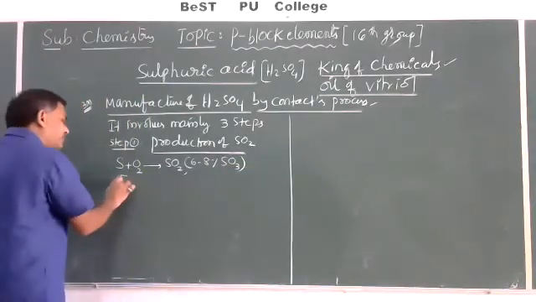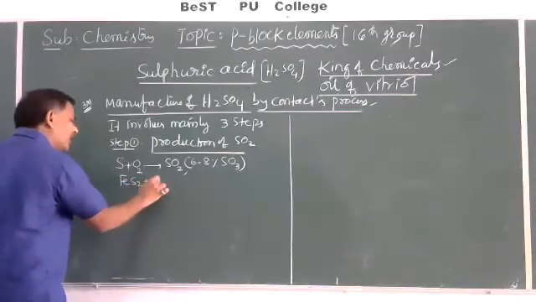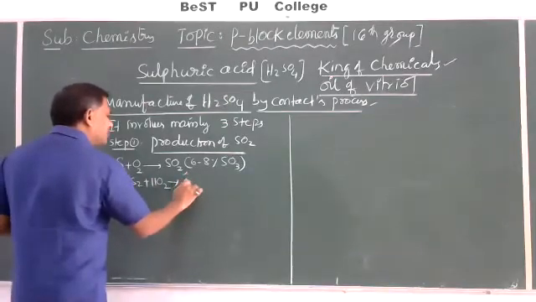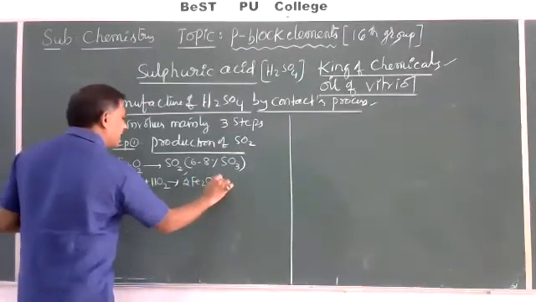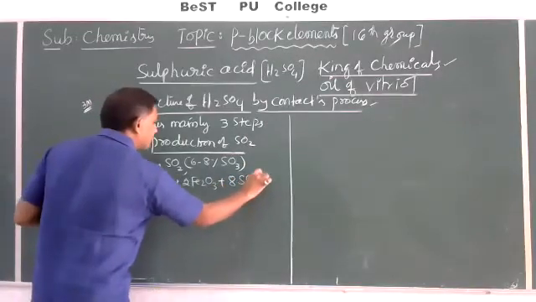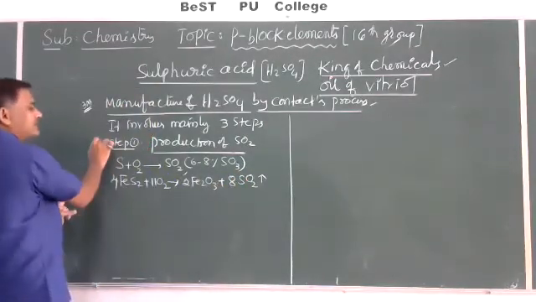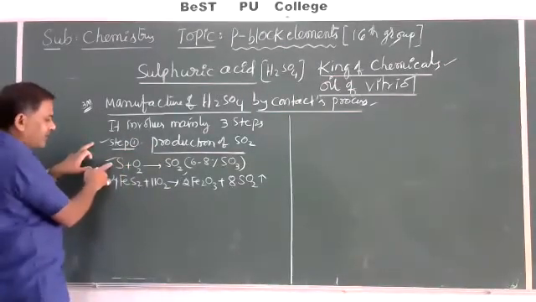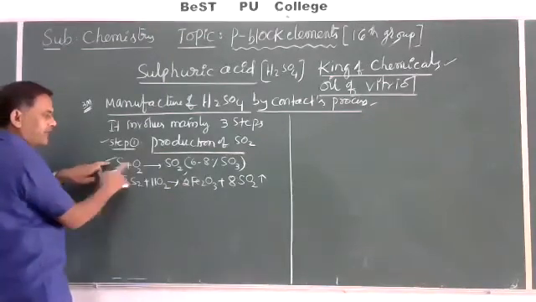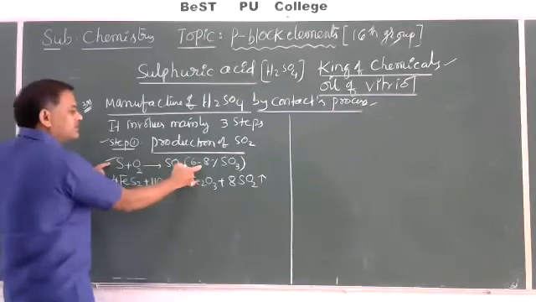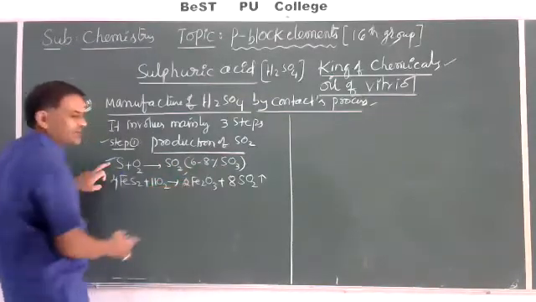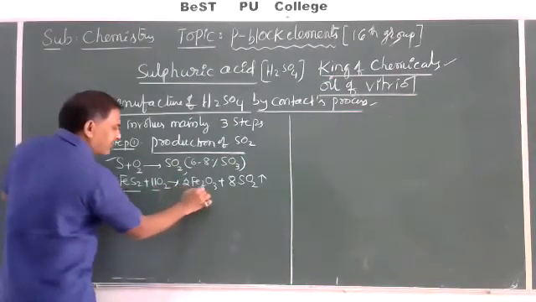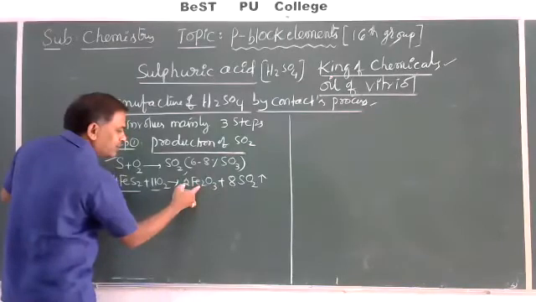Or here the iron pyrite FeS2 with 11 moles of oxygen gives 2 Fe2O3 plus 8 SO2, sulfur dioxide gas. So in the first step, production of sulfur dioxide, on complete burning of sulfur it gives sulfur dioxide, along with 6 to 8% sulfur trioxide. Now the iron pyrites on complete burning give sulfur dioxide and Fe2O3.